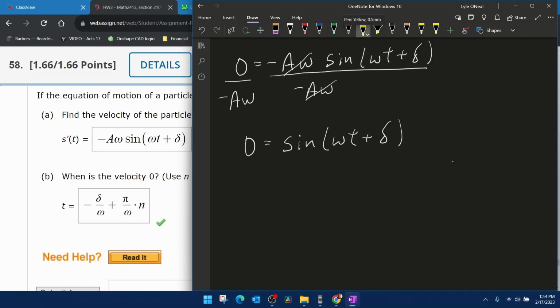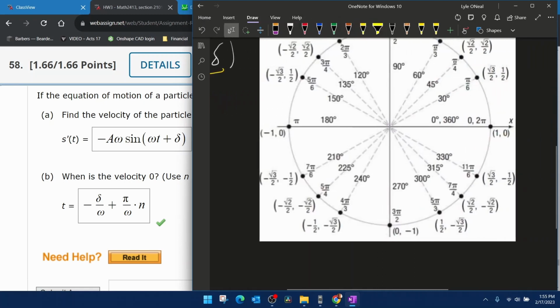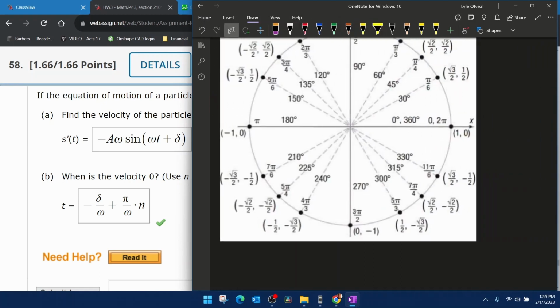Remember from the unit circle that sine is y. And so now we want to find all of the angles that have a y coordinate of 0. Coming over to our unit circle, we can see that we have a y coordinate of 0 at 0 degrees, but we also have a y coordinate of 0 at pi.